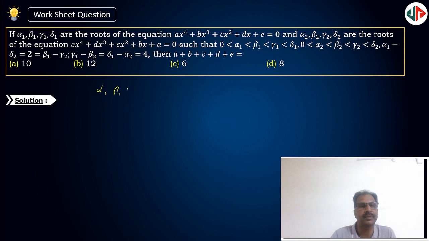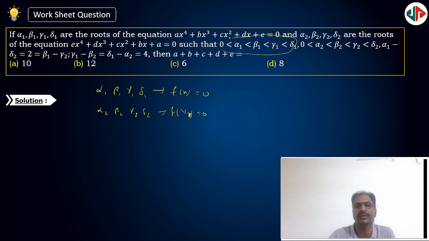Alpha 1, beta 1, gamma 1, delta 1 are the roots of f of x equal to 0, let us say. The second equation is f of 1 by x is equal to 0.